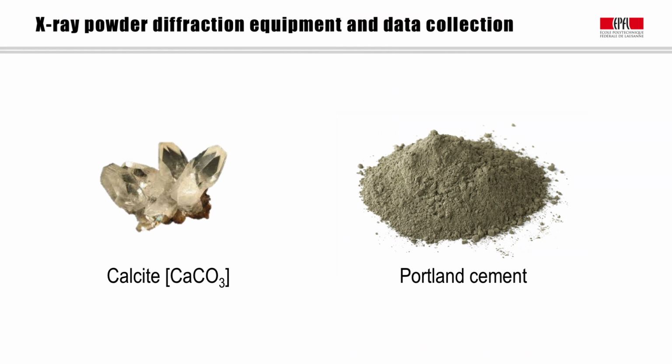X-ray diffraction experiments can be conducted on single crystals, but also on powders. Powder diffraction has the advantage that mixtures of phases can be investigated relatively easily and no relatively rare, well-formed crystals are necessary. Instead, in powder diffraction, the original material is ground very finely and mounted on a sample holder.